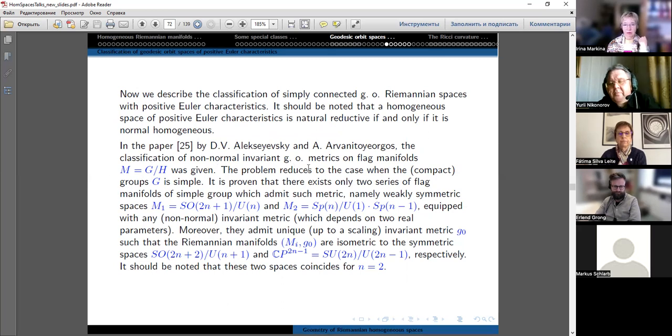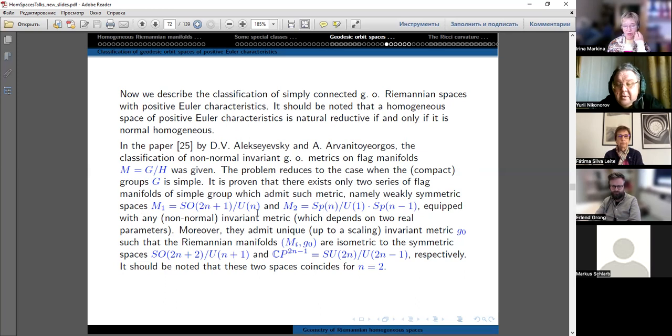This problem of classifying geodesic orbit metrics on such manifolds reduces to the case when the compact group is simple, and they prove that there exist only two series of flag manifolds of simple groups which admit such non-normal geodesic orbit metrics, namely weakly symmetric spaces.